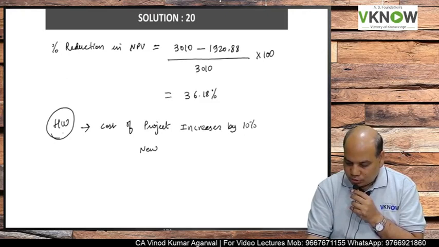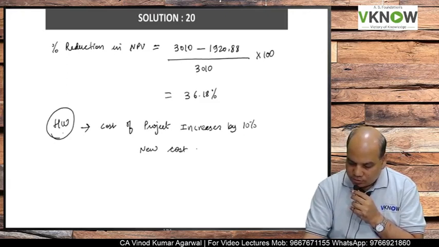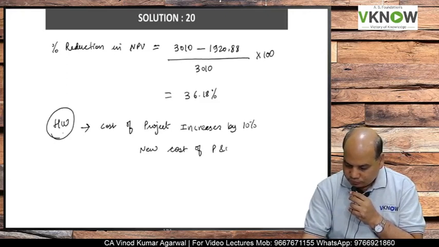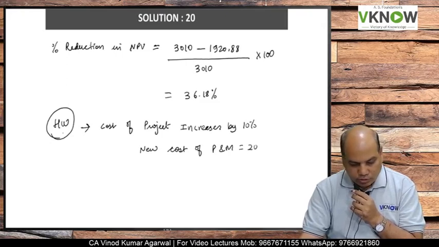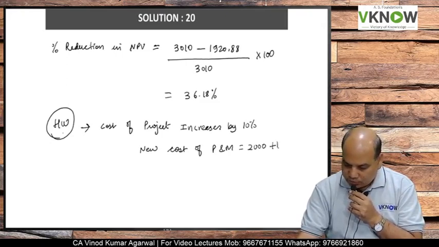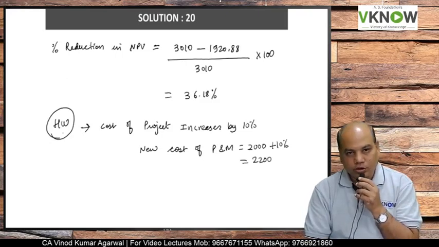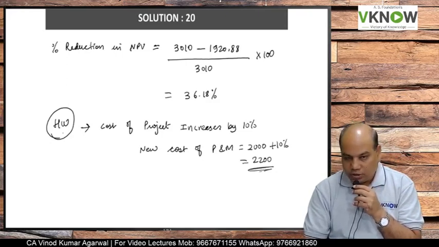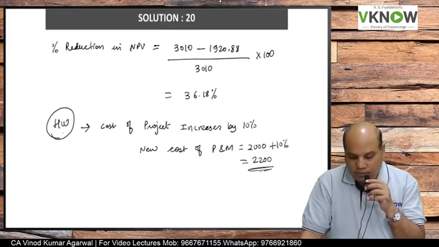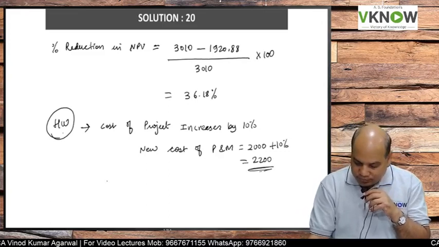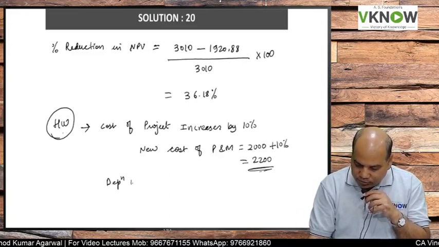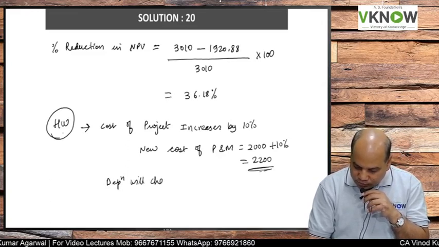So the new cost of plant and machinery will be how much? 2000, it was already there, and plus 10%, 2200. So the depreciation will also change accordingly. Is it right? Depreciation will change.